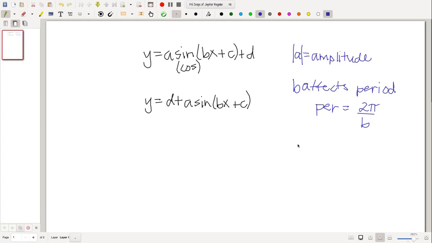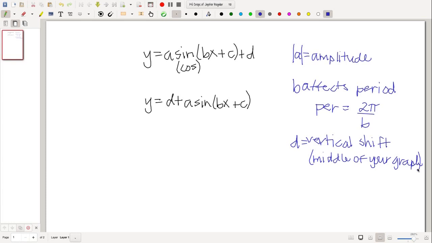We know that d is your vertical shift. So if it has a +5, my entire graph is going to go up 5. It's your vertical shift. It's the middle of your graph. And from whatever d is, I said this already, you will go up and down from d whatever your amplitude is.